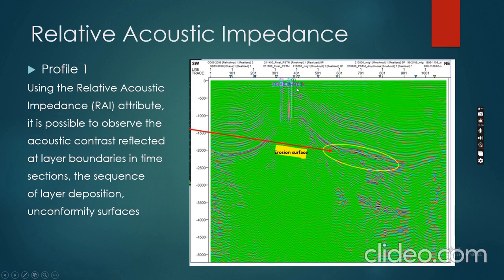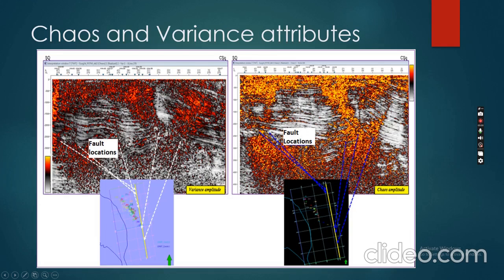And in the next slide, we can see two similar attributes, chaos and variance. On the left, we see the variance amplitude map of profile 1. Variance measures how much the seismic signal changes locally, and we can see here where the high variance amplitude exists.